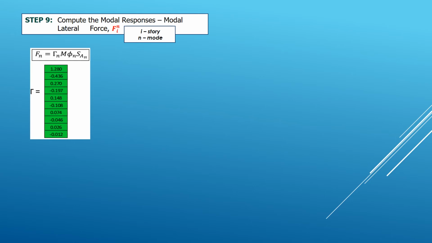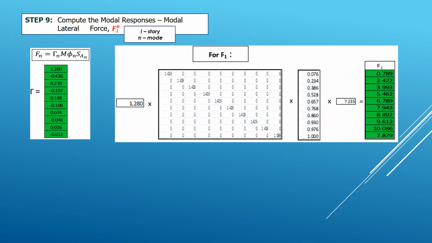So, for example, in F1, meron tayong 1.28. We will multiply it sa mass matrix and then times sa eigenvector for mode 1 times spectral acceleration.